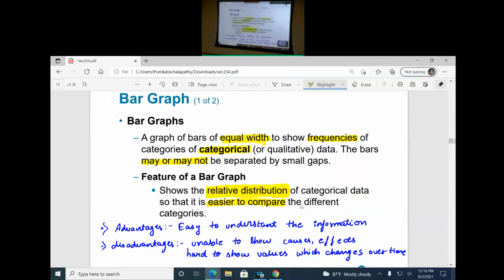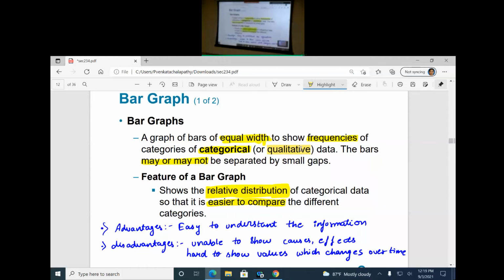Next is the bar graph. This is also used, okay, so this is the highlight here. This is used for categorical data, okay, which is qualitative. So the graphs which we saw till now are for quantitative and this is for qualitative data.